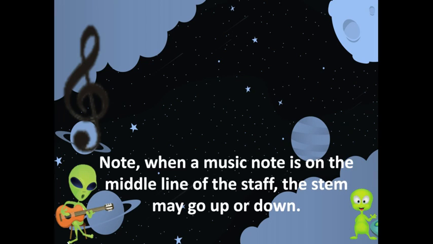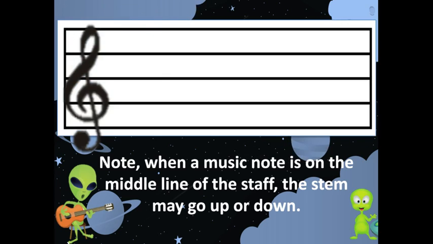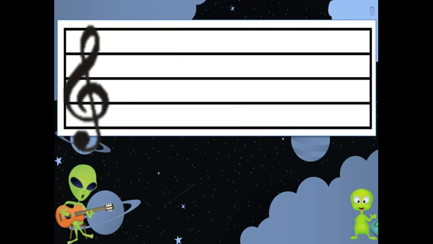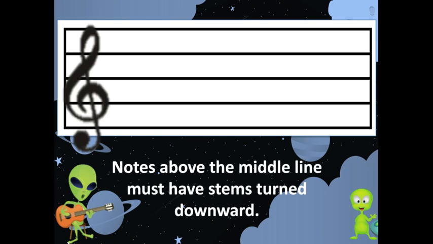Note, when a music note is on the middle of the staff, the stem may go up or down. Notes above the middle line must have stems turned downward.